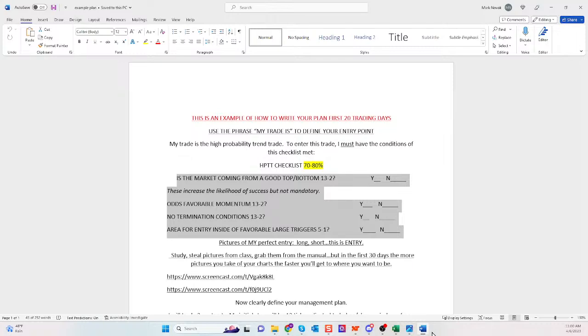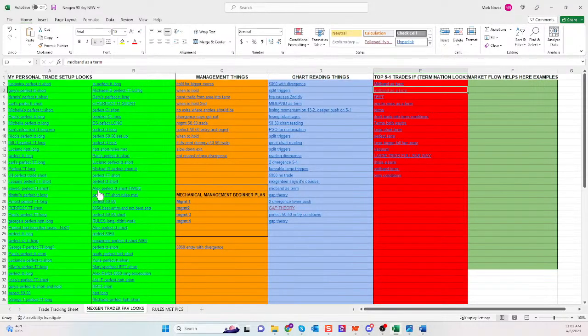Focus on nothing more than the best of the best entries, nothing more than taking that perfect entry, right? And then once you are a rock star at entries, 30 days worth of looking at entries, you're going to see a lot of things and you're going to start to recognize a lot of patterns. Then you start working on management.